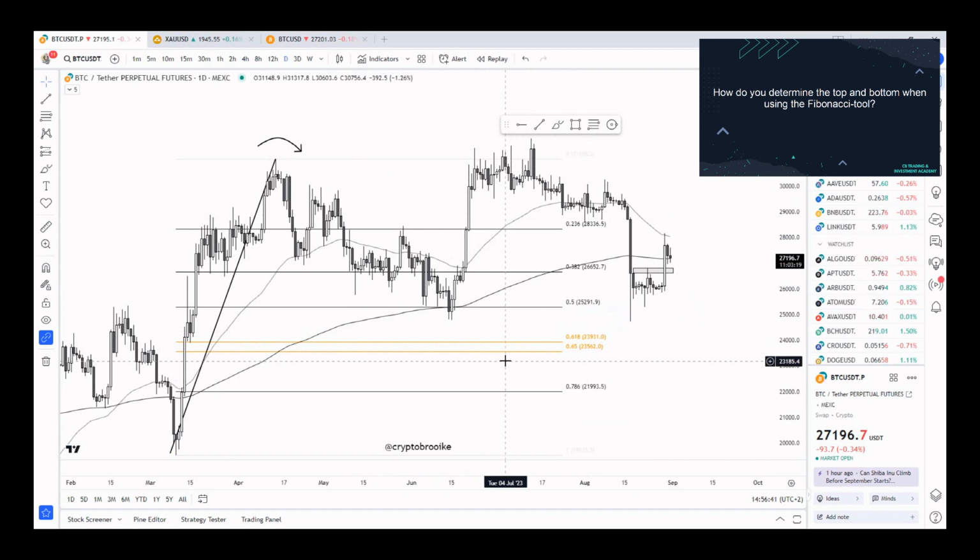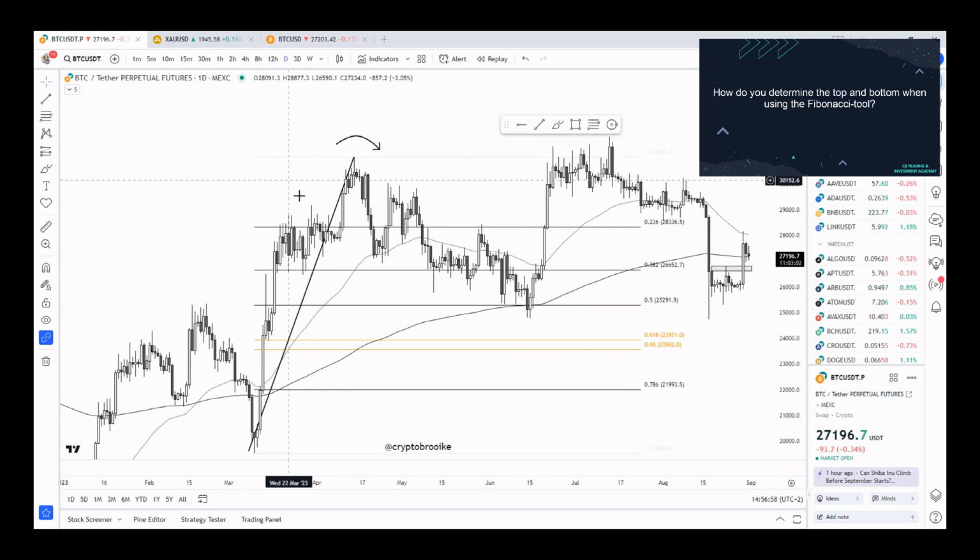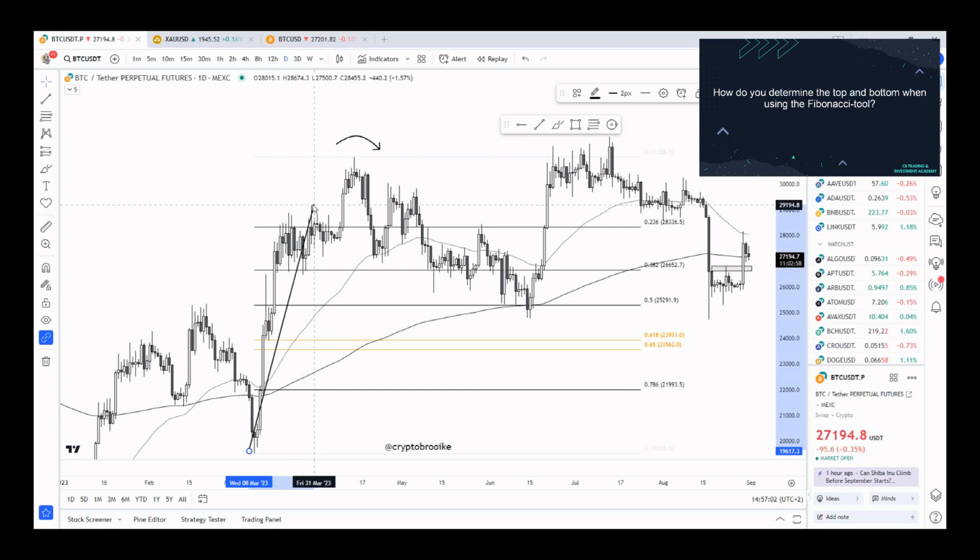So in general, you use highs and lows, and you use the most, I'm not sure how I say that in English, but the most spoken out highs and lows. So for example, if you see this high, you don't use this one because we have a higher high here.